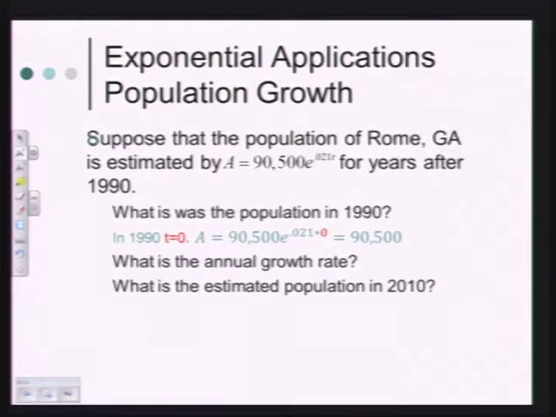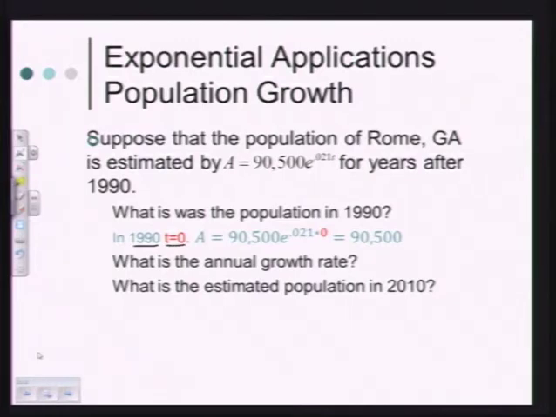So let's look at a scenario with this. Suppose that the population of Rome, Georgia, is estimated by A equals 90,500 e to the 0.021 t for years after 1990. So in other words, remember, time is going to equal 0 in 1990. What's the population in 1990? Well, in 1990, we just noted t is 0.